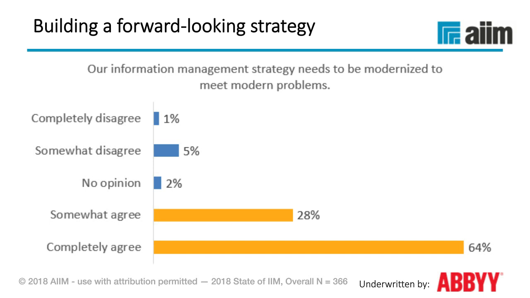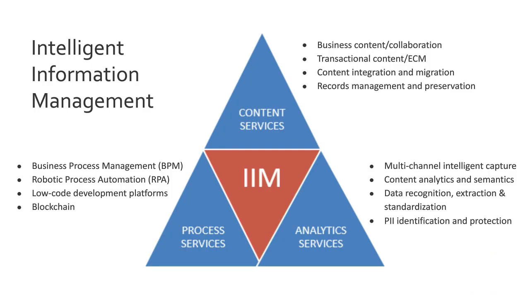And so this is one of the reasons that we started talking about the interconnected elements that we call intelligent information management. And one of the points I usually get asked is, is this a replacement for ECM? Is this a market segment? What is this?